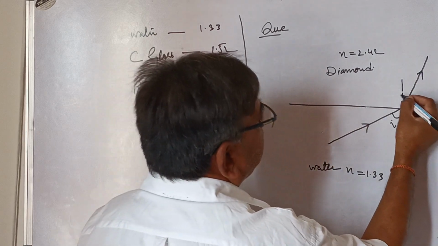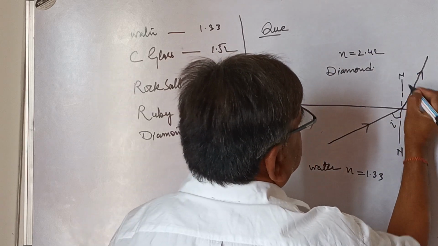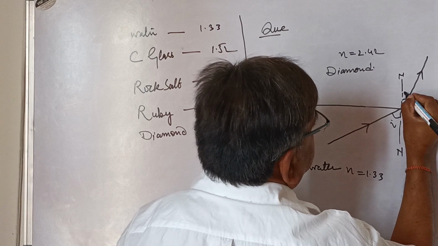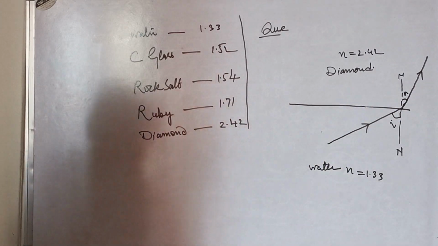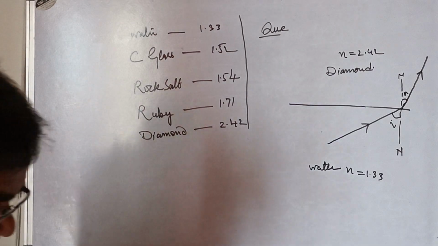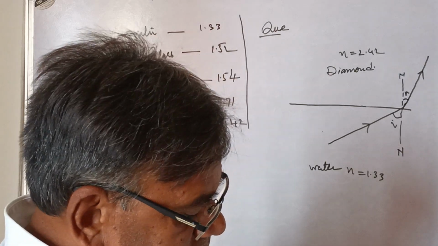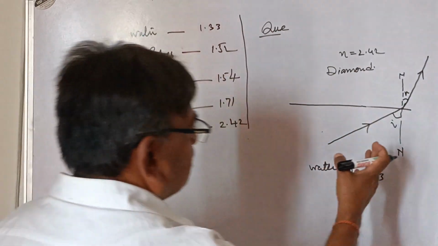Having the high value of n, the refracted ray will bend at the boundary towards the normal. So this is the opposite case. So what is our question? The question is a medium pair so that light speeds up when it goes from one medium to another medium. So we have got the opposite case.